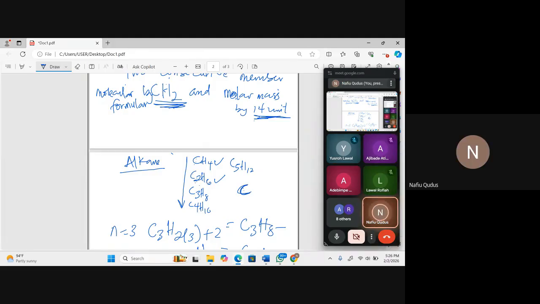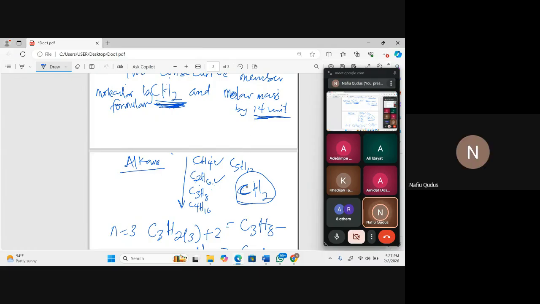Now, we have H6 here and H4 here. When you remove H4 from H6, what will remain? H2. So these two consecutive members differ in molecular formula by CH2, and molar mass by 14 units.